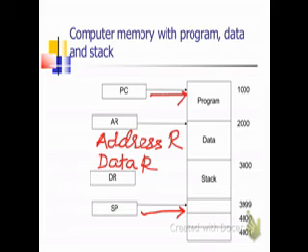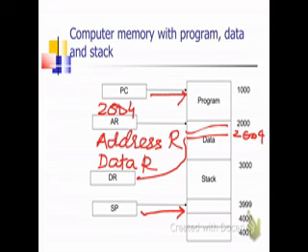So if AR holds the address, say 2004, that means in location 2004 is where our operand is. And then the data register, what does it hold? The data register holds the value which is there inside this location.